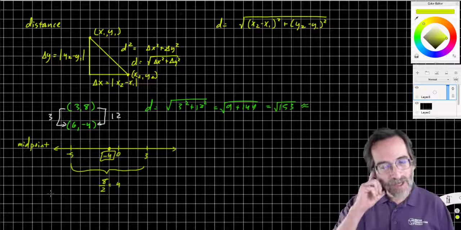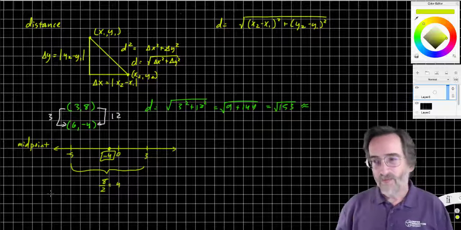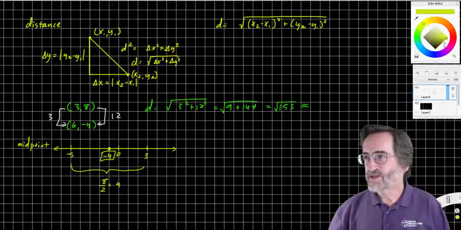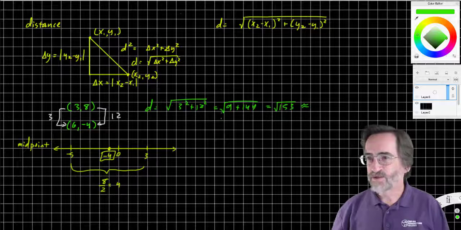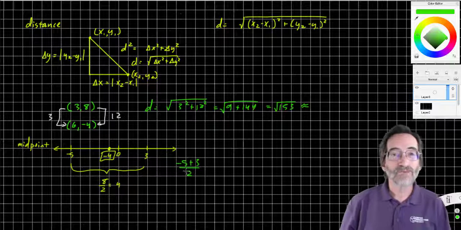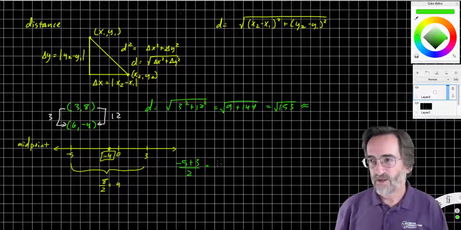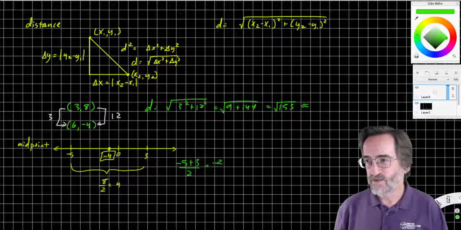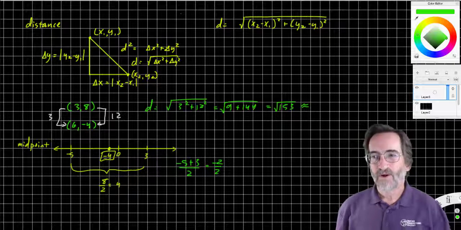Okay, but let's put that into a formula. It's actually a little easier to do this problem this way. Take negative 5, add 3, and divide by 2. That is the arithmetic average of the two. Negative 5 plus 3 is negative 2. Negative 2 divided by 2, whoops, and I put negative 4.